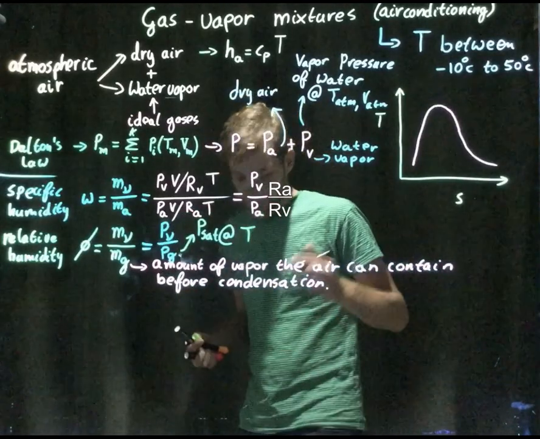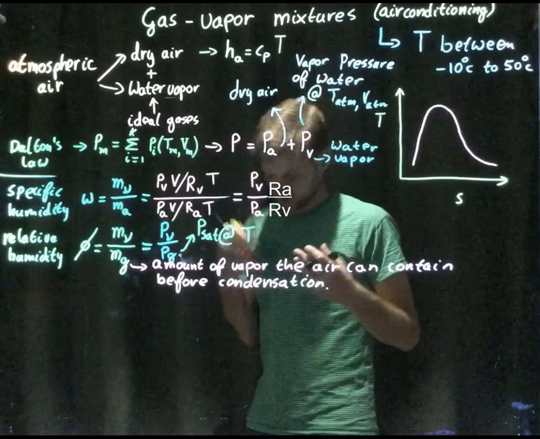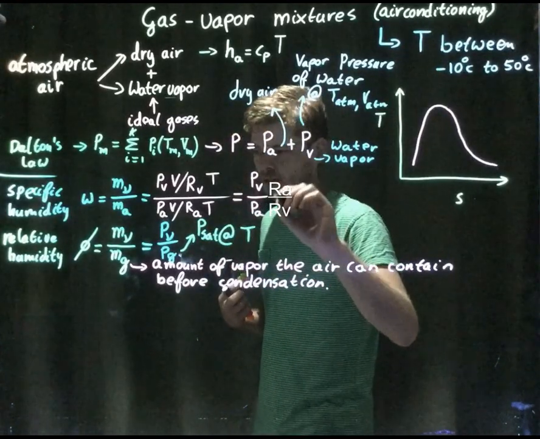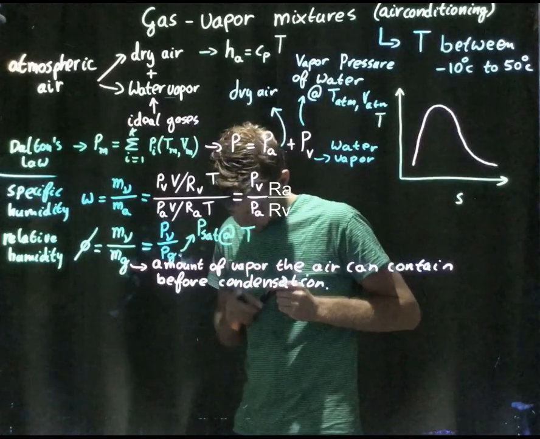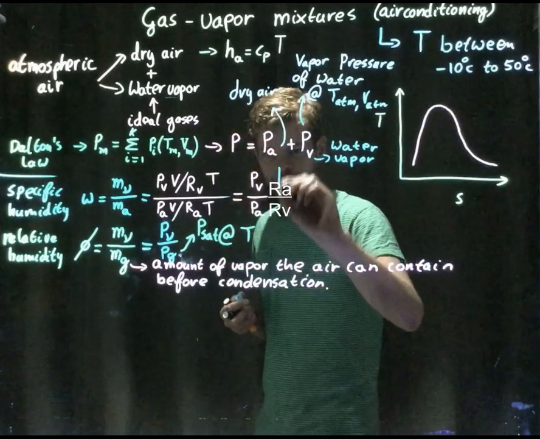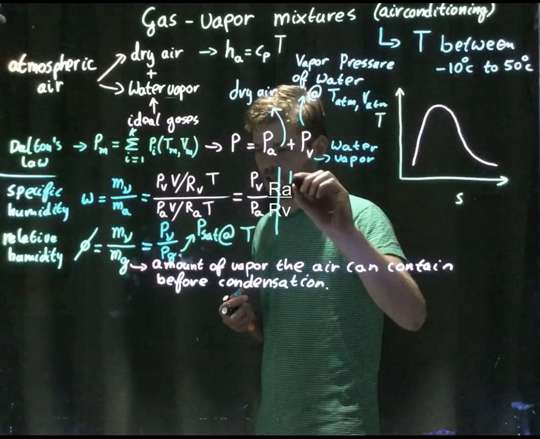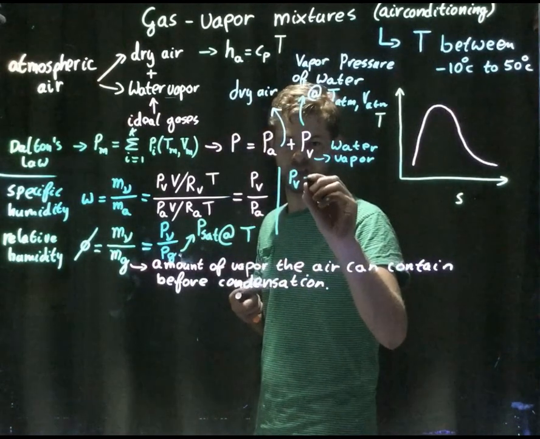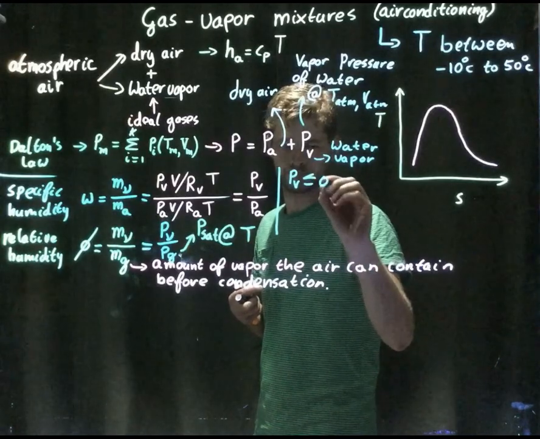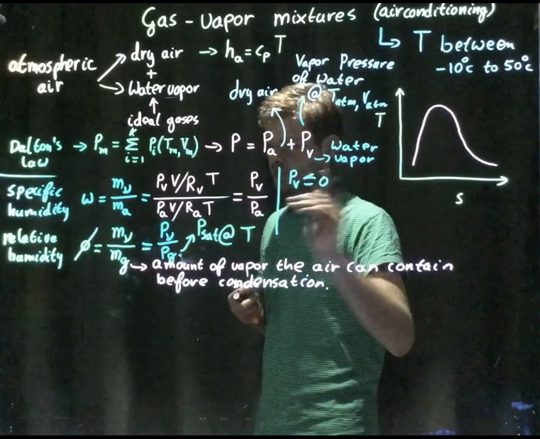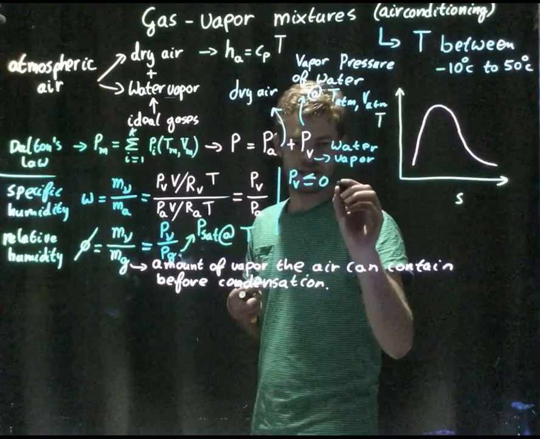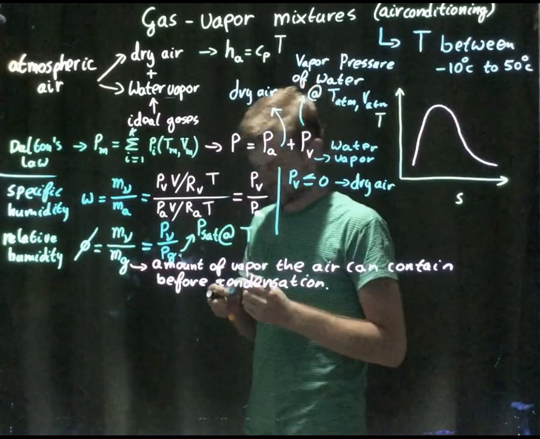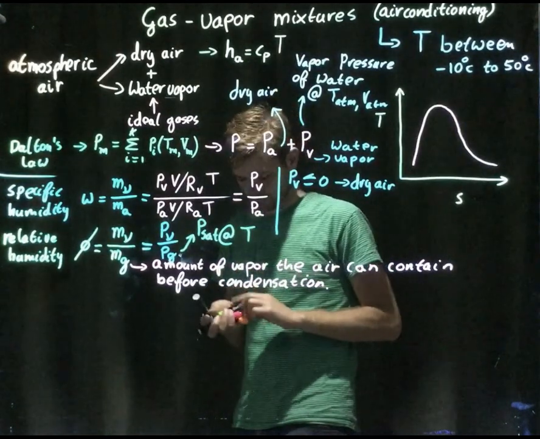And this relative humidity gives some indication, because if, for instance, my PV and therewith mv is 0, the relative humidity will be 0, and that will result in dry air. So there's no humidity whatsoever.